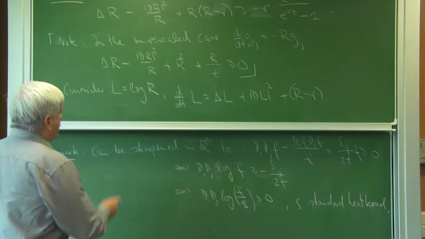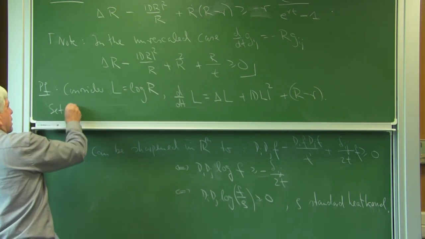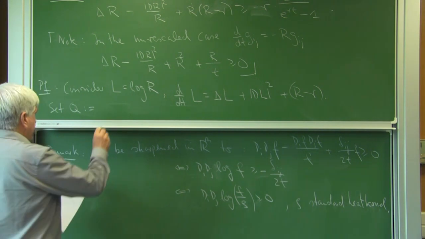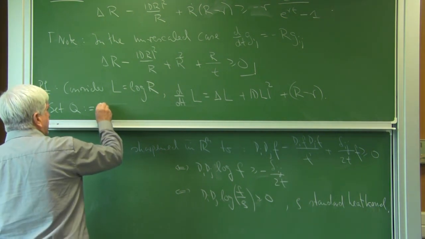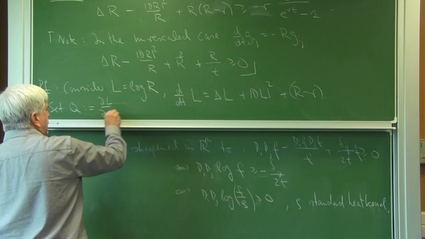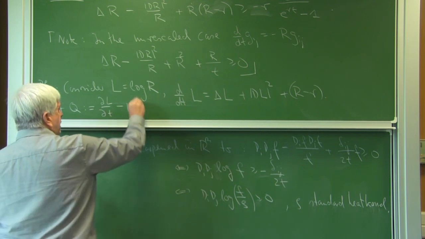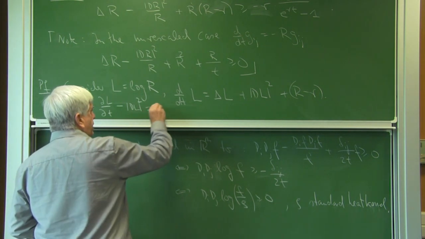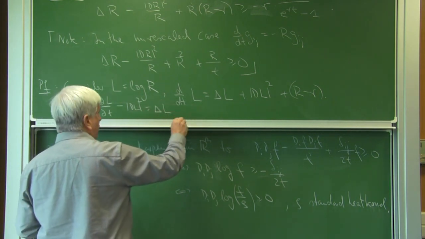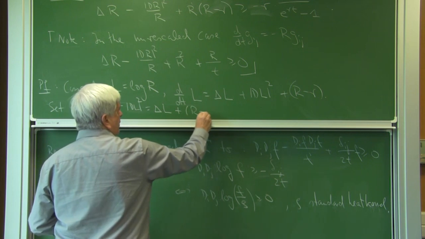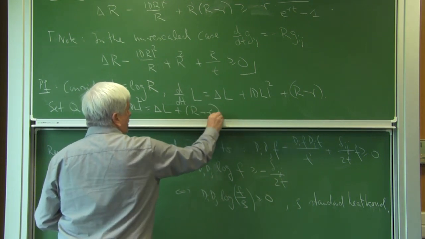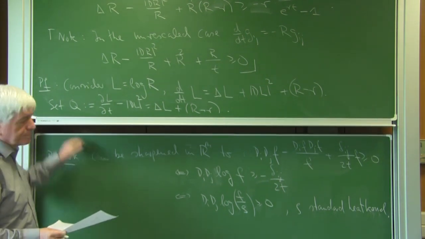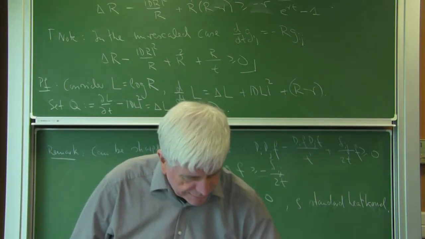And then we set q to be the quantity as in the linear case, the d/dt of L minus the gradient of L squared. So in this case, this is now not Laplace L, but Laplace L plus r minus little r. So the same concept as in the linear case.